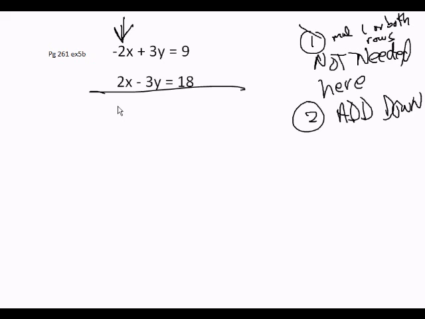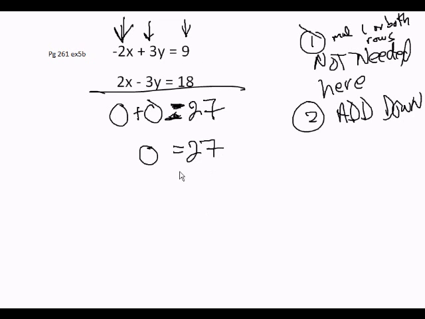Step 2, add going down. So I'm going to add going down. What's a negative 2 plus 2? And, oh, look at this one. A plus 3 and a minus 3. Uh-oh, now 9 plus 18, 27.